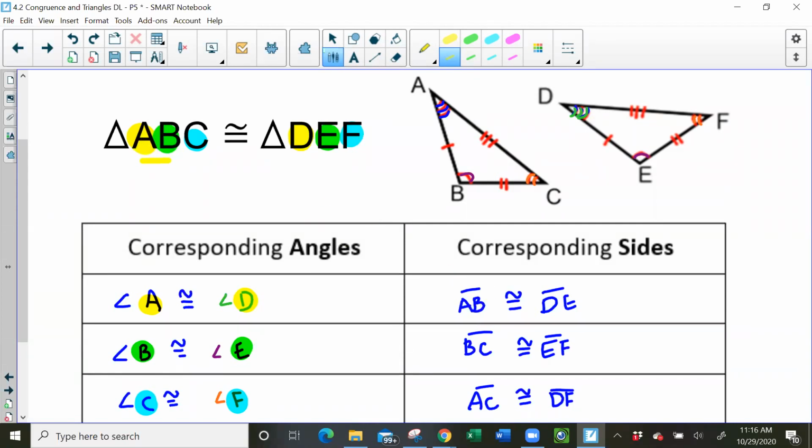If I put AB, it should read in the same order on my second one, DE. If I'm trying to find which side is congruent to BC, it would be EF, because BC are my second and third letter. I would need to name EF in the same order.